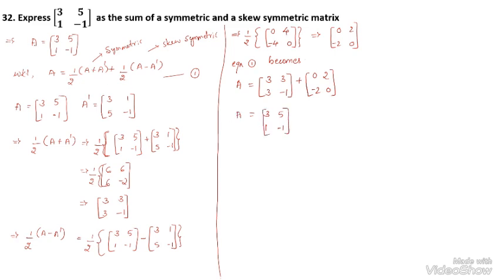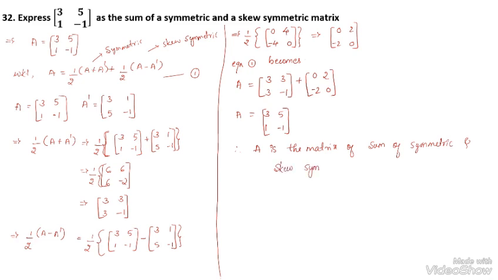The given matrix A contains the same elements 3, 5, 1, minus 1. Here also 3, 5, 1, minus 1. Therefore, A is the matrix of sum of symmetric and skew symmetric.